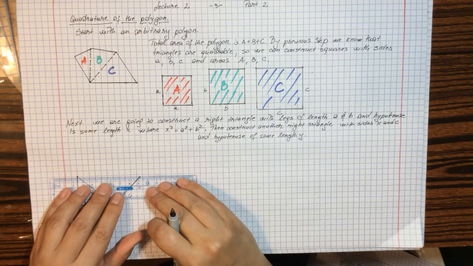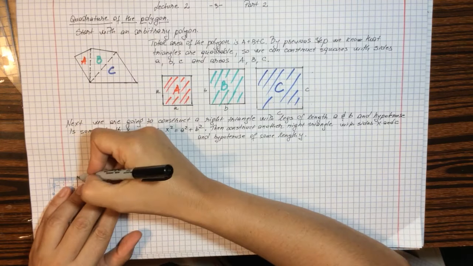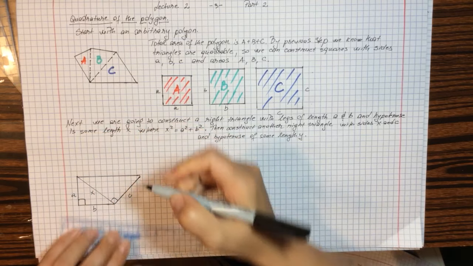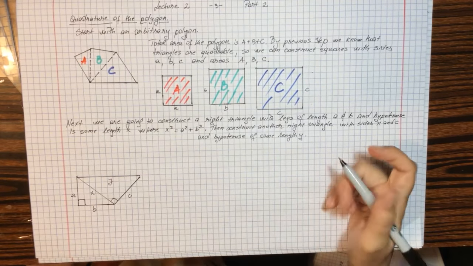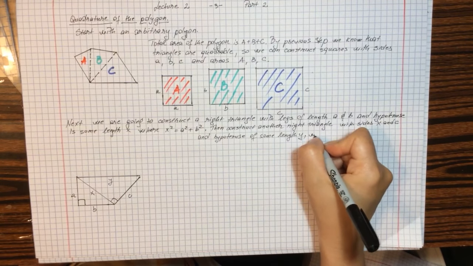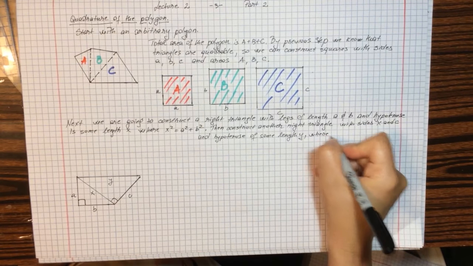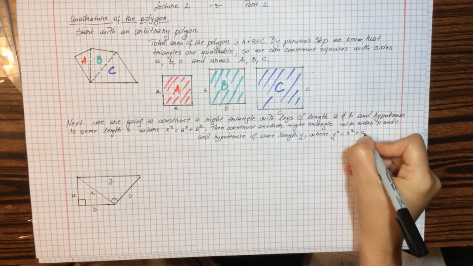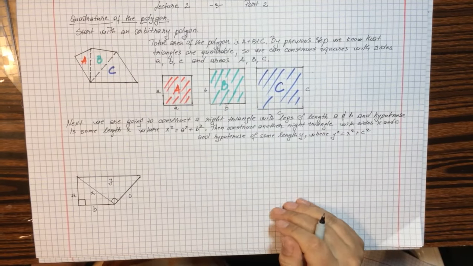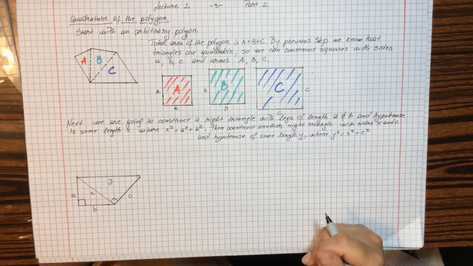So the hypotenuse would be of some length y. Again, I don't know what it is, where obviously y squared would be equal to x squared plus c squared, again by the Pythagorean theorem.